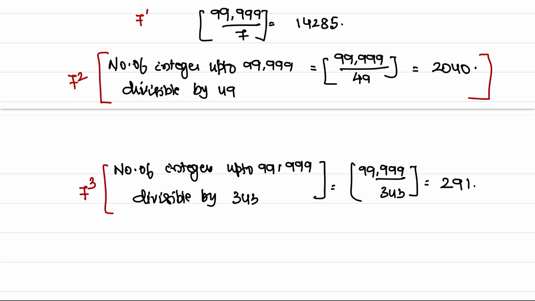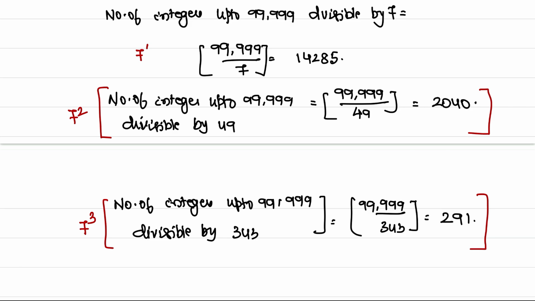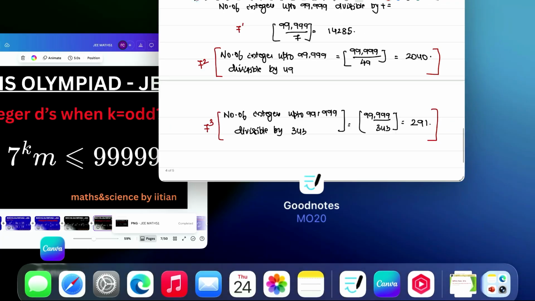These calculations you please take care. This is for 7 to the power of 1, this is for 7 square, this is for 7 to the power of 3.